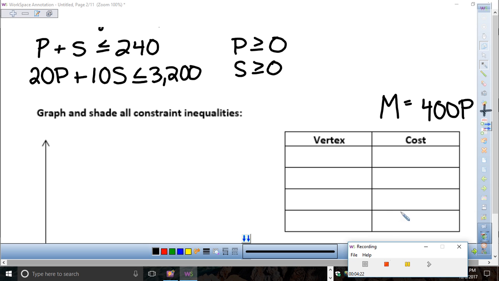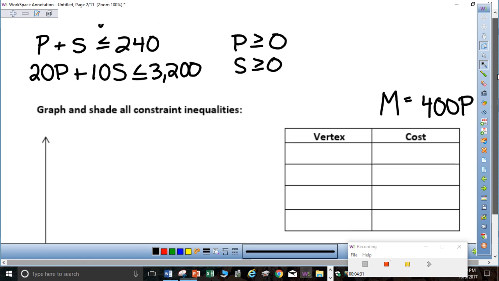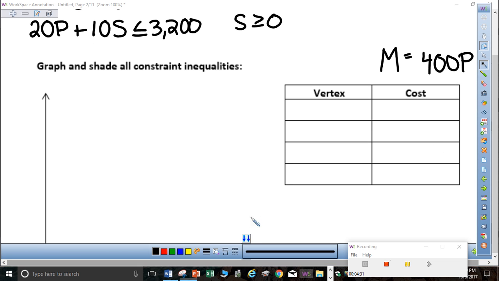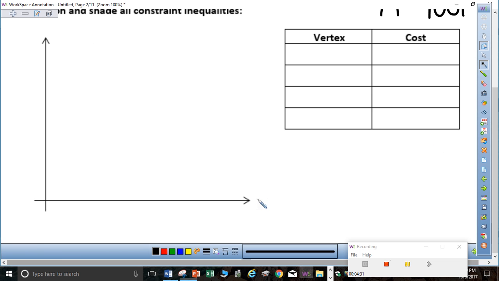Our next step, we're going to graph and shade the constraint inequalities as a system of inequalities, which means we're trying to figure out where the shading overlaps. Because we're using different variables other than X and Y, it's important that we first label which axis will represent which variables. So I'm going to have pumpkins on the X-axis, I'm going to do squash on the Y-axis.